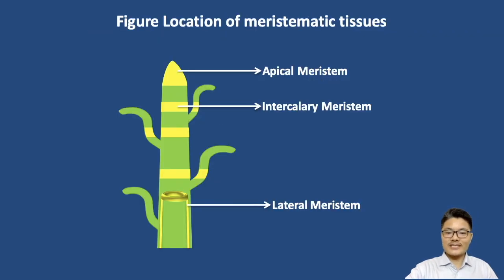You need to answer some questions. This is an enlarged view of what we have discussed about the three main types of meristem. We have apical meristem, intercalary meristem, and lateral meristem. And do remember all these terms. These are important. Even the different types of plant tissue, we'll discuss later in detail.